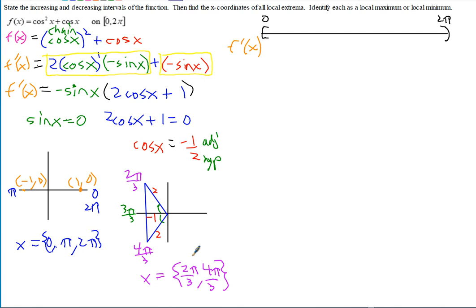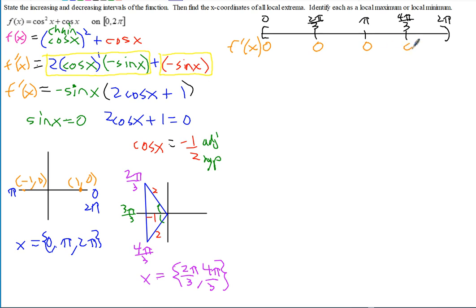So we'll just have pi, 2 pi over 3, and 4 pi over 3. Let's put them in order. So going around a circle, starting at 0, the first one we hit is 2 pi over 3. And then the next one we hit is pi. And then 4 pi over 3. And then 2 pi. So all 5 of these make the derivative 0.